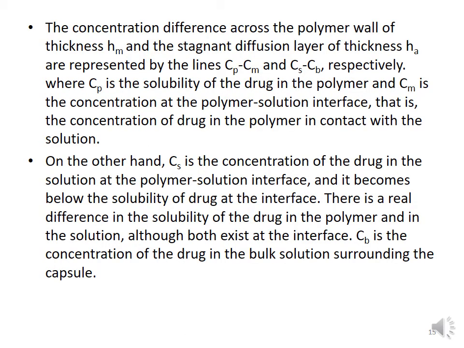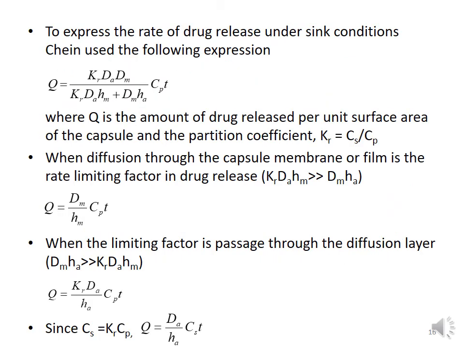One of the interesting things in the capsule type device, which will be shown in the next slides, is that we can obtain a zero order release using this technology. This is the drug release equation for a capsule type device, where Q is the amount of drug released per unit surface area of the capsule, and Kr is a partition coefficient. When diffusion through the capsule membrane is the rate limiting step, this is the equation that can be obtained.